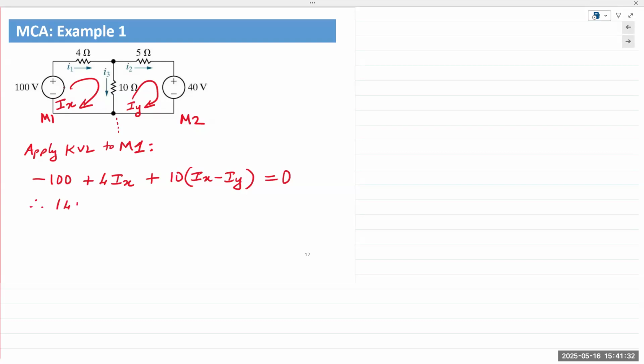Therefore, 14 times IX minus 10 times IY is equal to 100. That correct? 4x, 10x, 14x minus 10 times IY is 100.